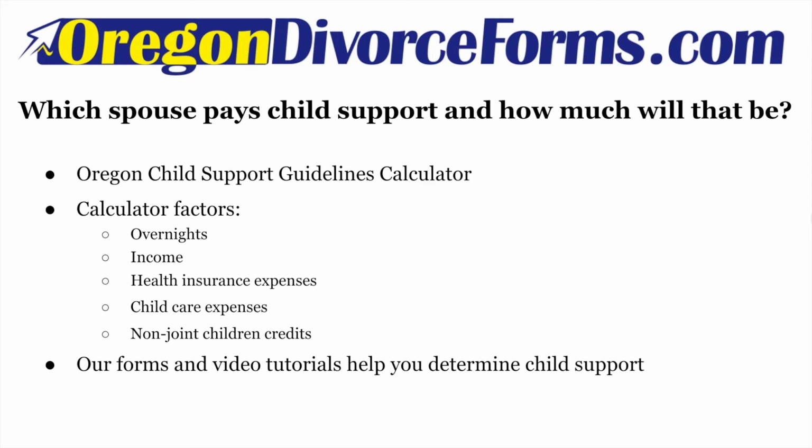Our default and judgment forms show you how to correctly input the necessary information into the judgment so that it becomes part of an order that may be enforced by the Oregon Division of Child Support. This is important because the Division of Child Support enforces wage withholding based on the calculation.